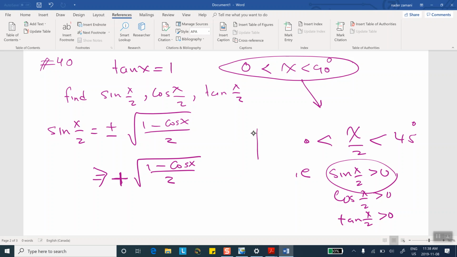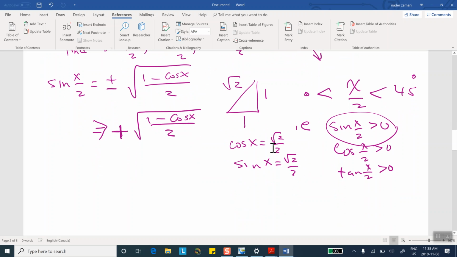Now, notice that the fact that tangent is 1 means this is 1, this is 1, and this is obviously root 2. Obviously, this angle is 45 degrees. The moral of the story is that cosine of x is root 2 over 2, and sine of x, if I need it, is root 2 over 2. I don't need sine of x, but this is what I need.